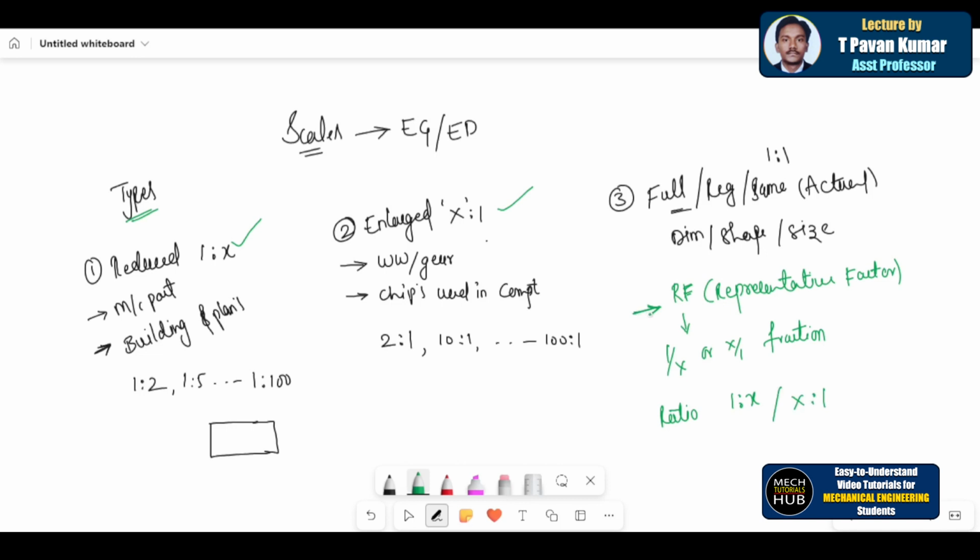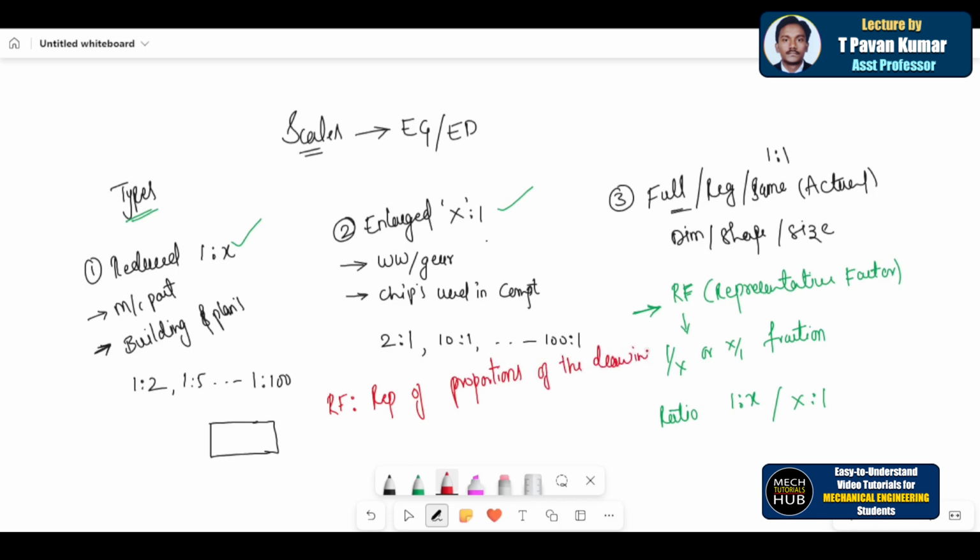There are three types of scales followed by RF values, which are more and more important. RF is a representation of the proportions of the drawing.